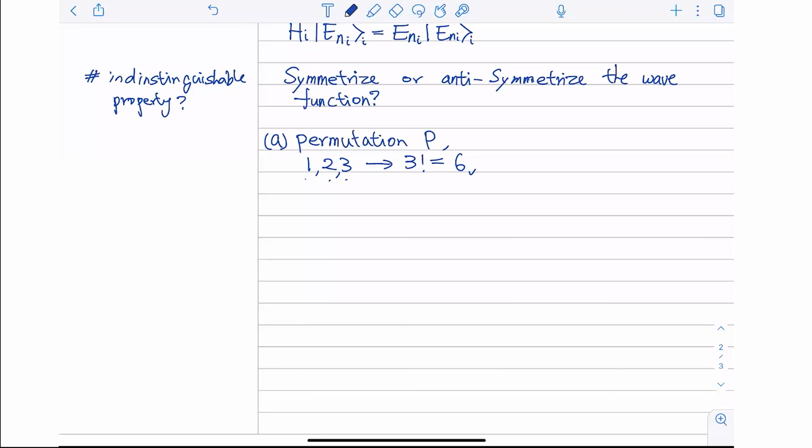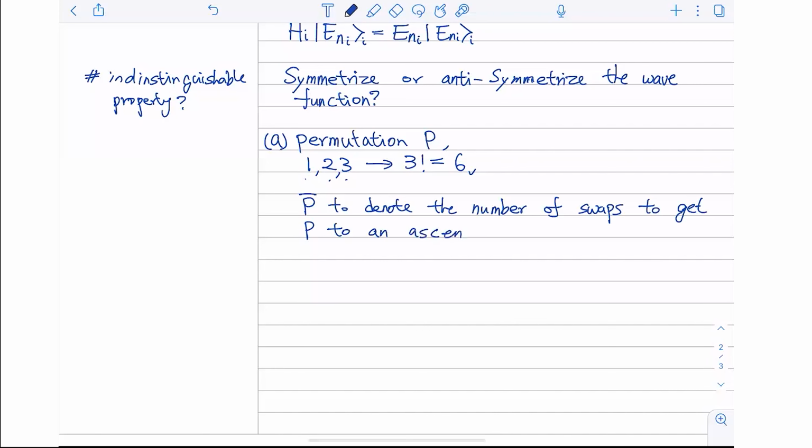So basically, we use P bar to denote the number of swaps to get permutation P to ascendant order.